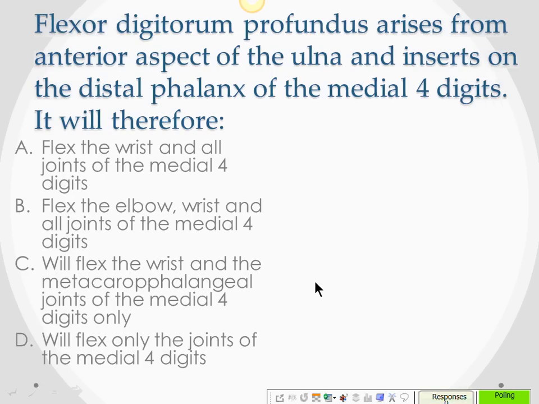So here, let's look at this example of where you don't have to memorize a muscle and its actions, but I give you something like this. Flexor digitorum profundus, so think of it, arises from the anterior aspect of the ulna, and it inserts on the distal phalanx of the medial 4 digits.